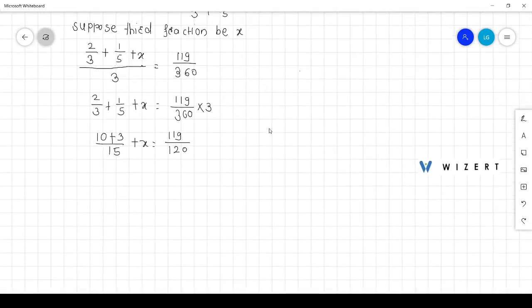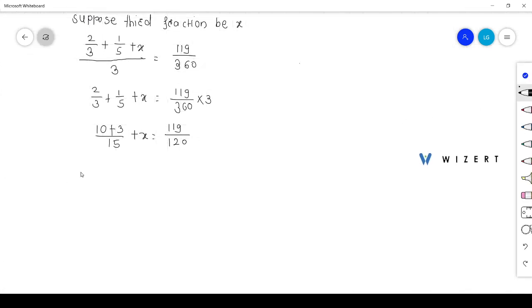Now 13 by 15 plus x equals 119 divided by 120.